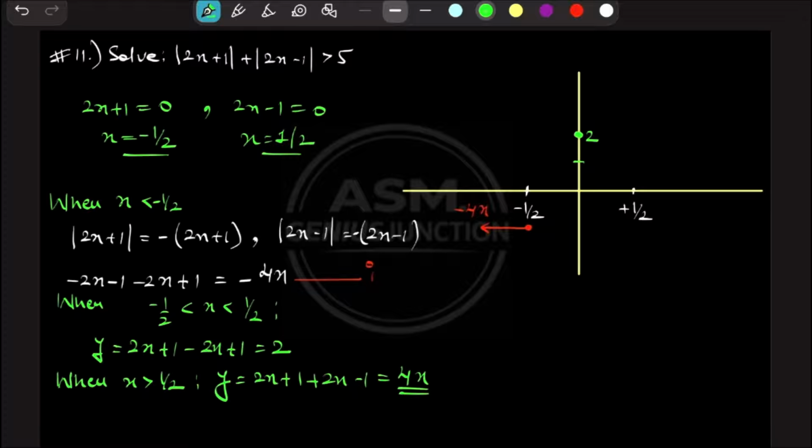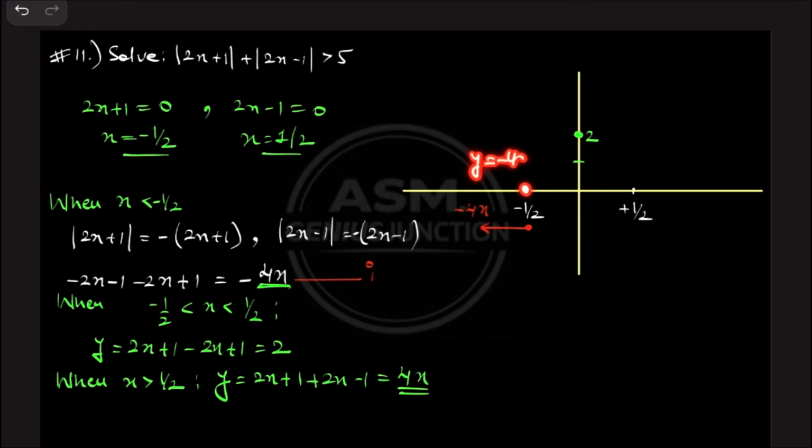Before 1 by 2 I am getting y equals minus 4x. After 1 by 2 I am getting y equals plus 4x. Between these two values I am getting y equals 2.